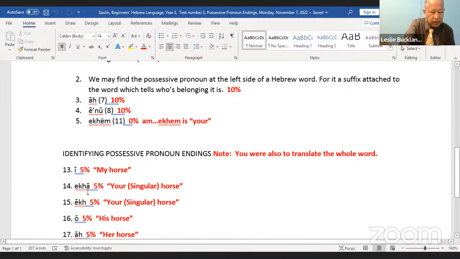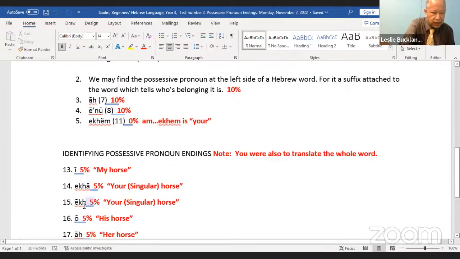And this is the second person singular masculine gender possessive pronoun ending, eka, which means your, and suseka would have been translated your horse. You wouldn't have to put the singular here in brackets, your horse.